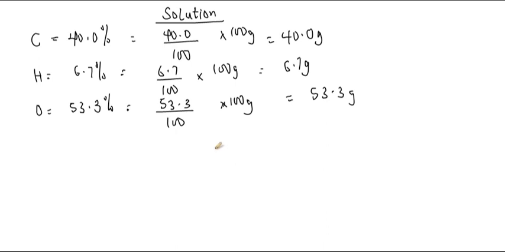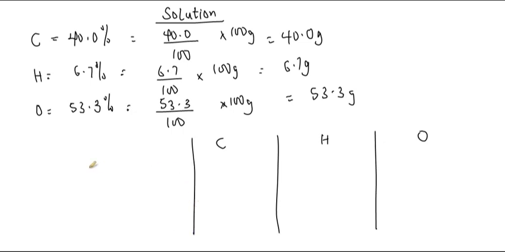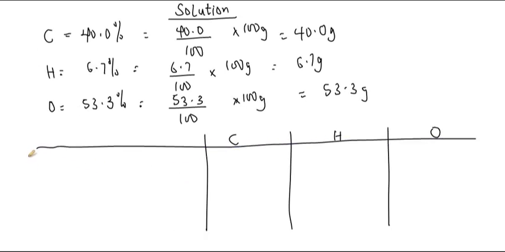Now, stating the elements we have carbon, hydrogen, and oxygen. So what we want to do now is to calculate the simplest ratio in which each of them combines. So here we have that to be percentage composition by mass.